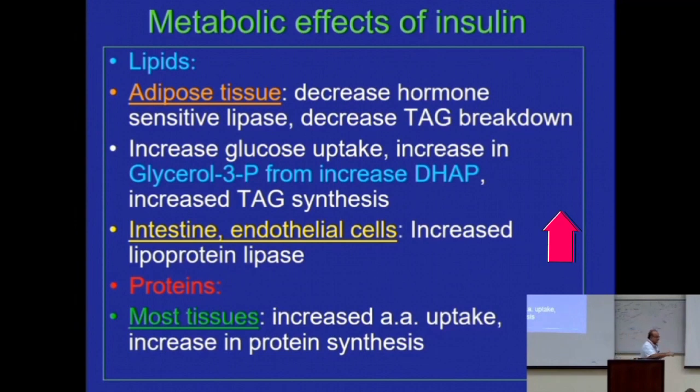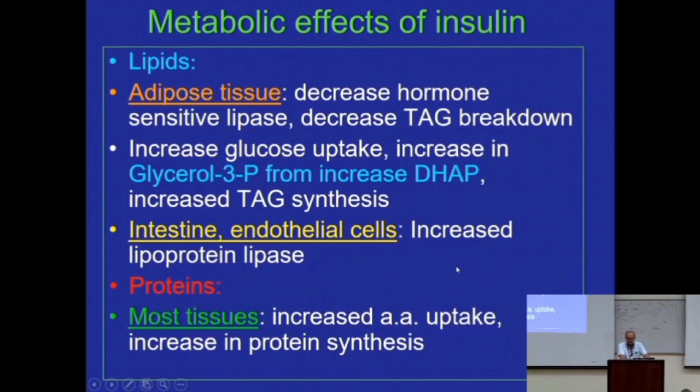It is part of the endothelium, so it kind of hangs out attached to the endothelium wall, if you want, and the enzyme can access the lumen of the bloodstream and access chylomicrons and VLDL. So it chews on those to be able to pick up fatty acids to be used or stored. Okay, so this is an important effect of insulin.